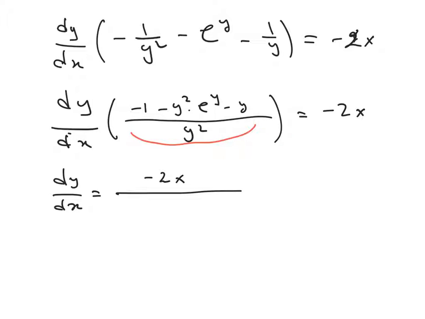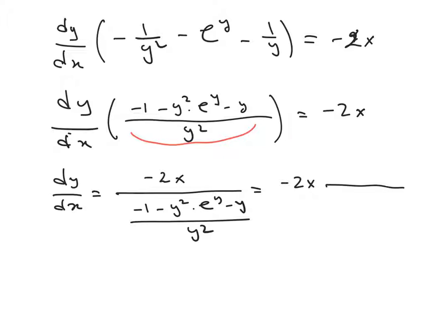So that will be minus 1 minus y squared e to the y minus y, divided by y squared, which gives 2x multiplied by the reciprocal, y squared at the top, over minus 1 minus y squared e to the y minus y.